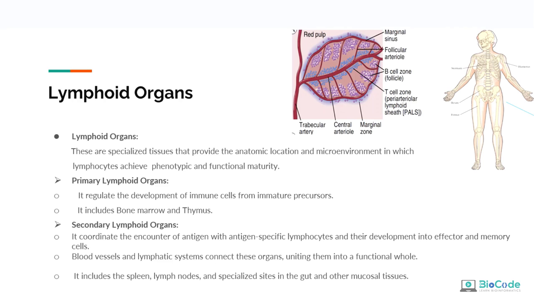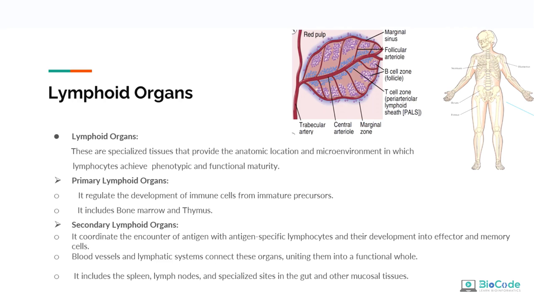Secondary lymphoid organs. It coordinates the encounter of antigen with antigen-specific lymphocytes and their development into effector and memory cells. The cells become antigen-specific in secondary lymphoid organs.